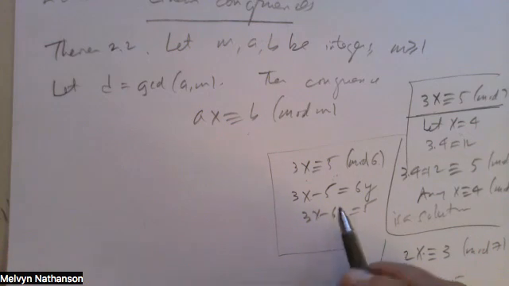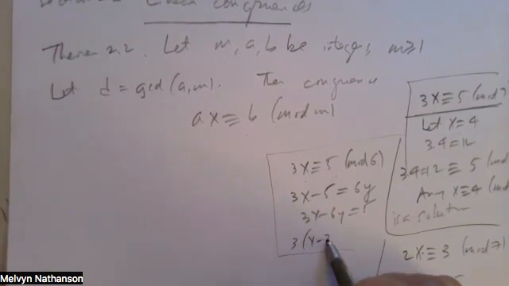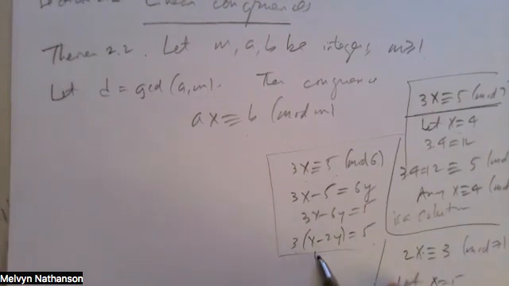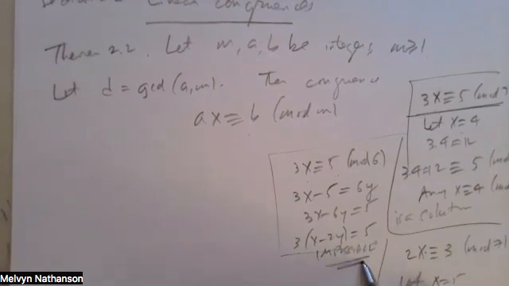If I factor a 3 from the left-hand side, 3 times (x minus 2y) equals 5. But 3 doesn't divide 5. This is impossible. So this congruence has no solution. There's no integer x such that 3x is congruent to 5 mod 6.